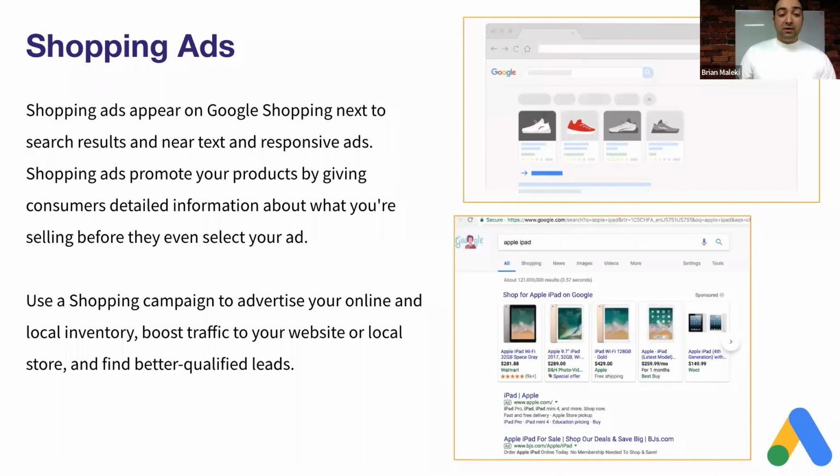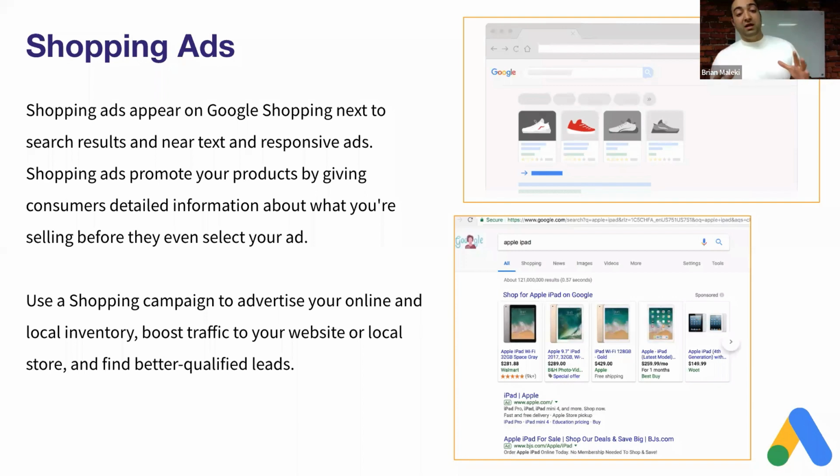So last one, we have shopping ads. Let's say you have an e-commerce business, and you have, let's say, 3,000 or 20,000 products. It's crazy if you want to run ads for every single product. Sometimes you cannot manage it. What you do, you give Google access to your website. Google can see all the products you have on your website.